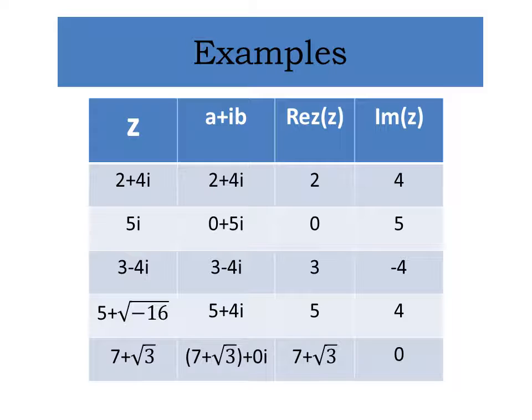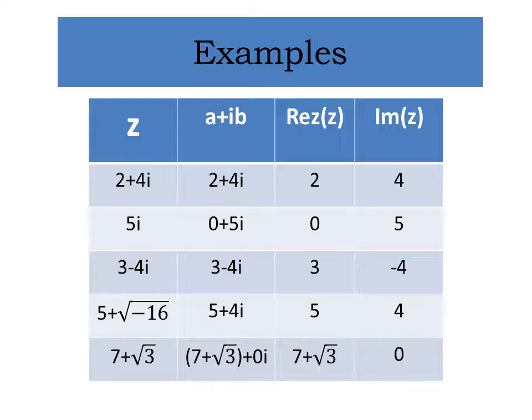Let us see the first example, 2 plus 4i. It is written in the format a plus ib, where a is 2 and bi is 4i. The real part of this complex number z is 2, and the imaginary part is 4.